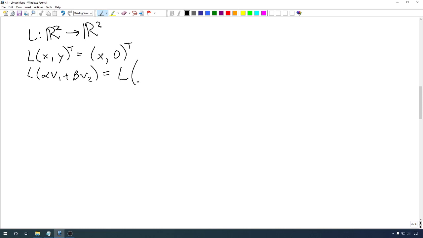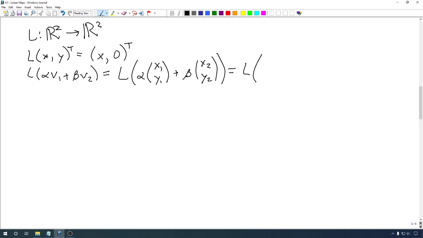So v1 is going to be the vector (x1, y1), and v2 is going to be the vector (x2, y2). And we want to see what do we get if we plug this into this function that we've defined here. Well, first thing we're going to have to do is figure out exactly what vector is being plugged in.